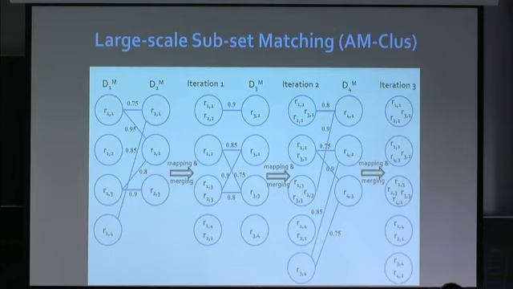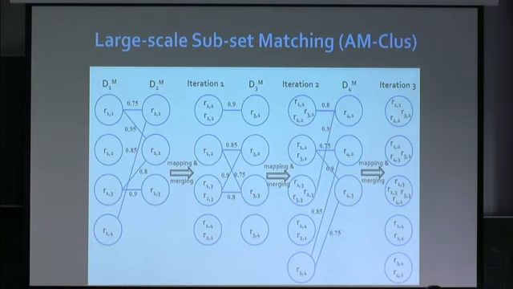So in this approach, we apply clustering within databases, and then the clusters from each database are iteratively mapped and merged, such that at the end each cluster contains matching records representing a single entity.